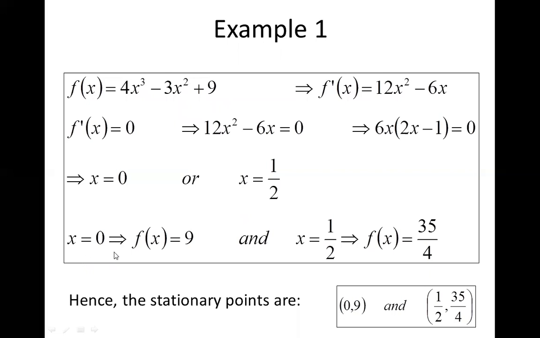When x is 0, f of x is 9, and when x is 1 over 2, the function is 35 over 4. The stationary points are 0, 9 and 1 over 2, 35 over 4.